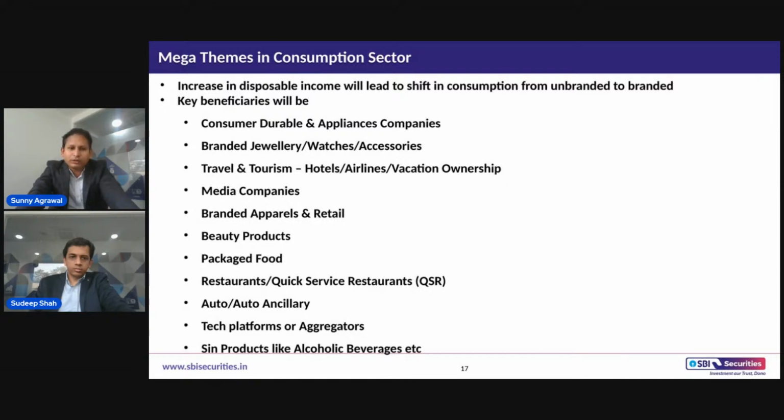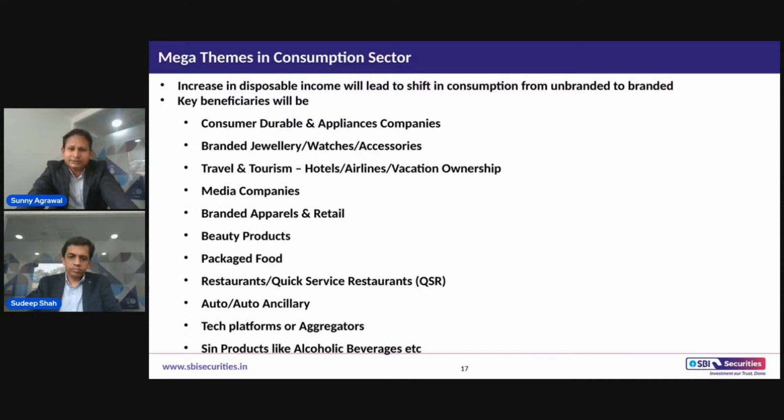There is a big push from the government on travel and tourism, because travel and tourism has a significant multiplier effect. So the government is creating enabling infrastructure. Recently we have seen spiritual tourism getting a lot of boost from the government. And at the same time, post COVID, we all like to go out, travel, and hang out with friends and family. This sector is likely to continue to boom over the next few years.